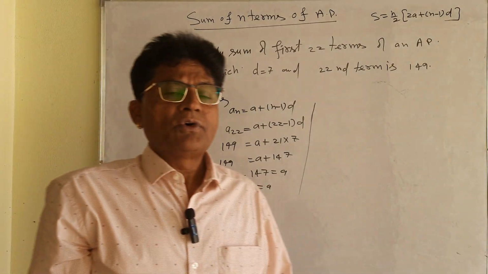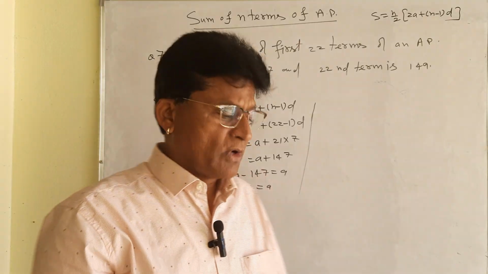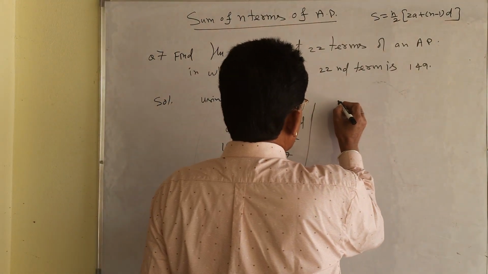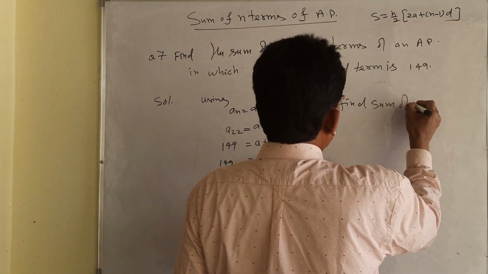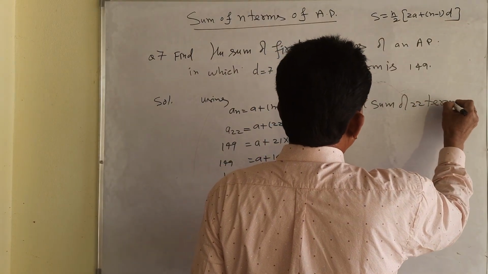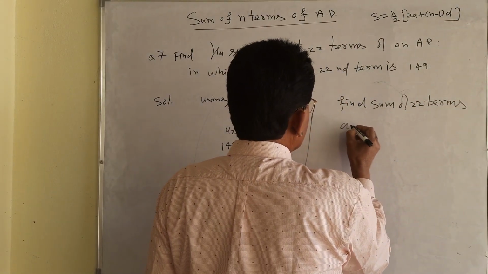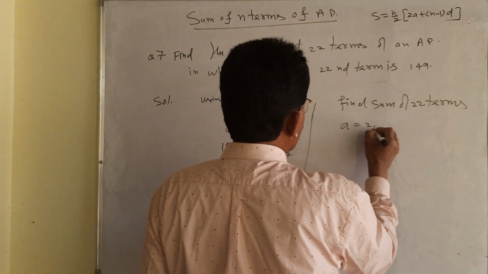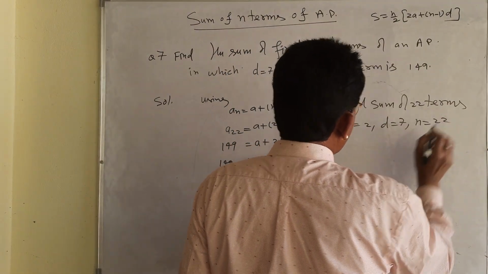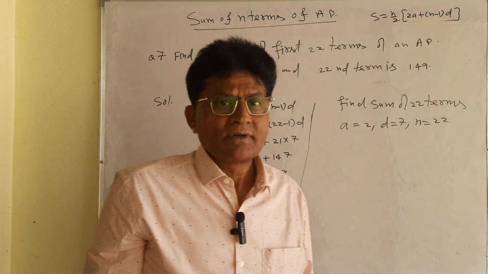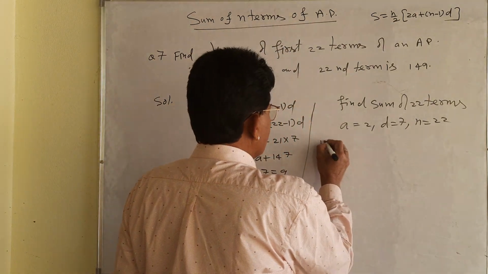But you will have to find out the sum of how many terms? 22 terms. Find the sum of 22 terms. a is equal to how much? 2 you got. d is equal to how much? 7. But n is equal to 22. Easily you may get the value. Using what?